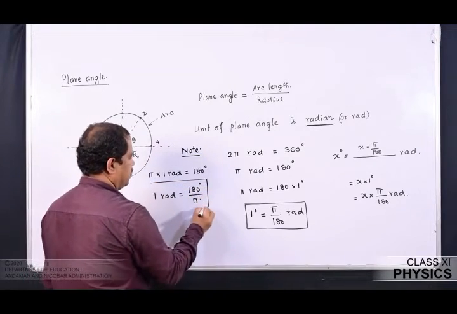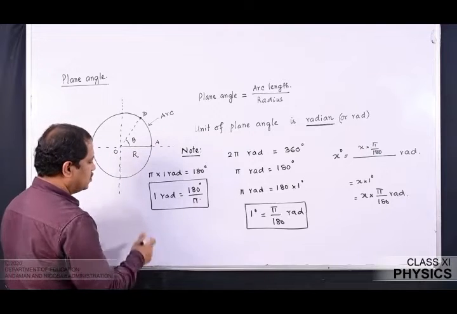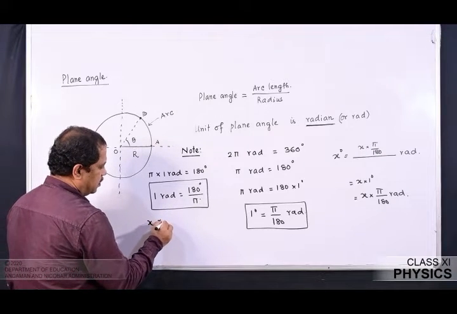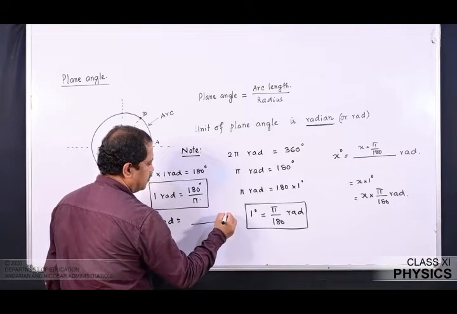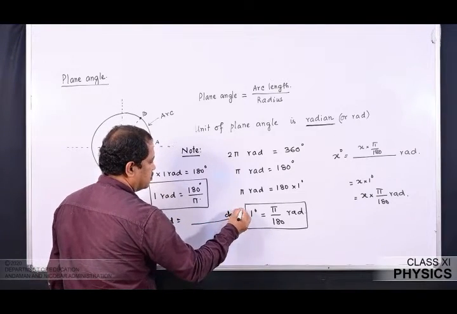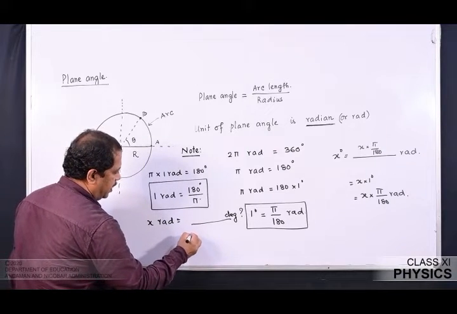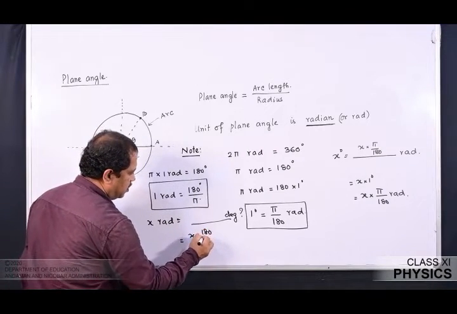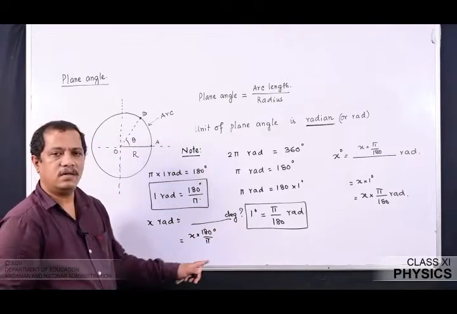So, this is the way radian is converted into degree. If you are asked to convert x radian into degree, this will be x times 180 by pi degree.